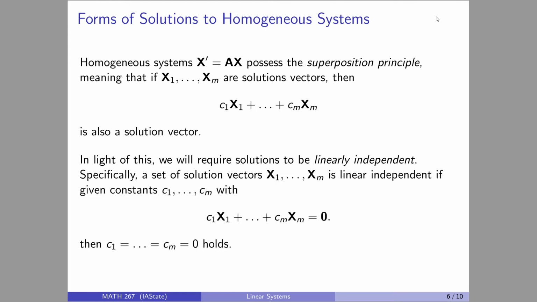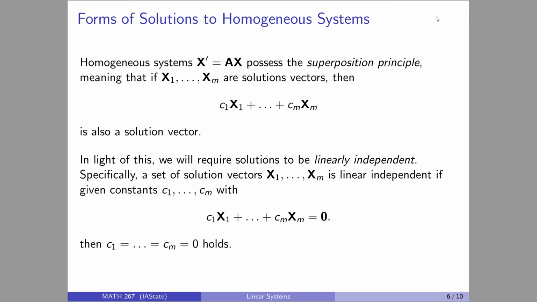Formally, that means that if I get solution vectors, and I scale them and add them up and get the zero vector, that means all the coefficients need to be zero. So it's exactly what we've seen and worked with before. But now we have a tool to help make this move a little more smoothly.